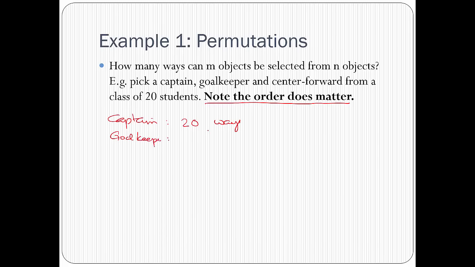After you pick the captain, you only have 19 people left, so you have 19 ways in which you can pick the goalkeeper. And the center forward you can pick from any one of the remaining 18 students. So the total number of ways in which you can pick these 3 team members would be 20 times 19 times 18. So that's the answer.